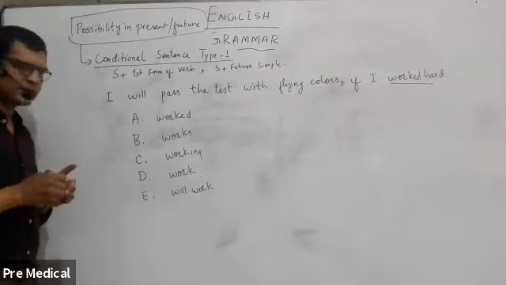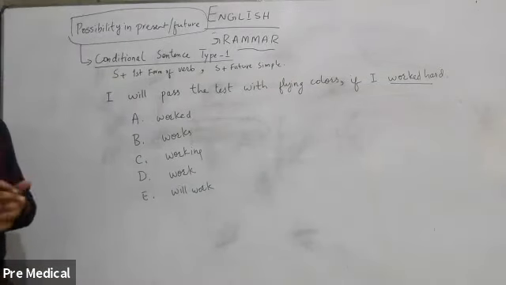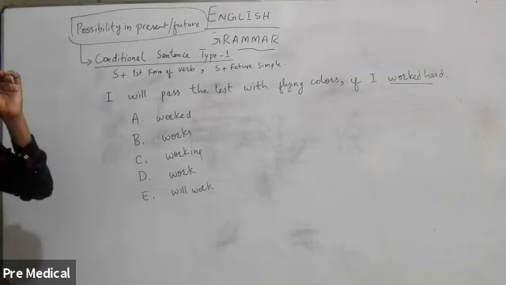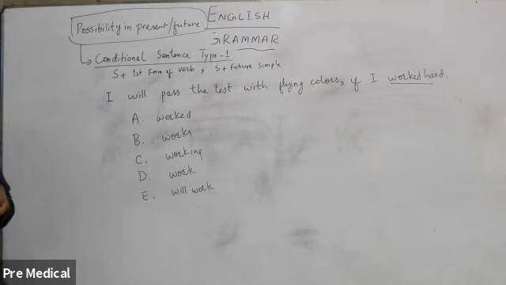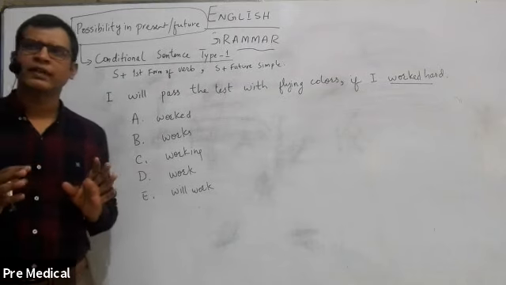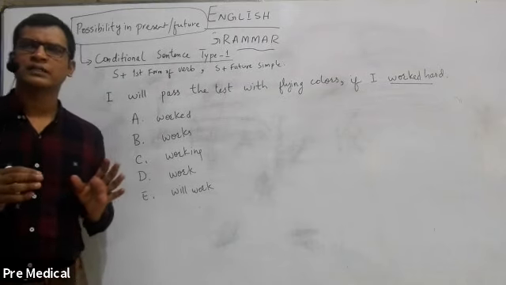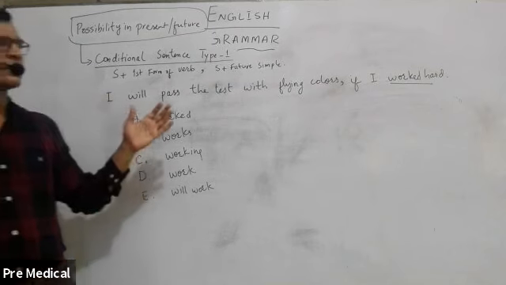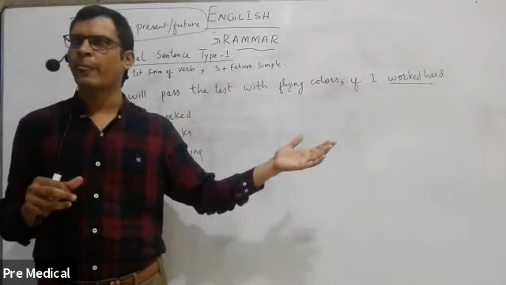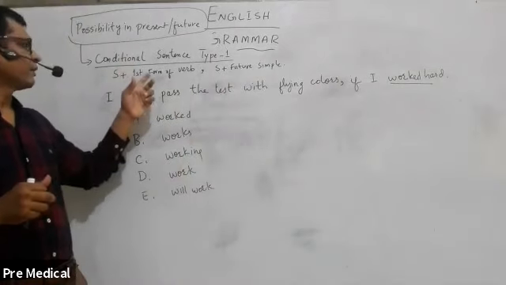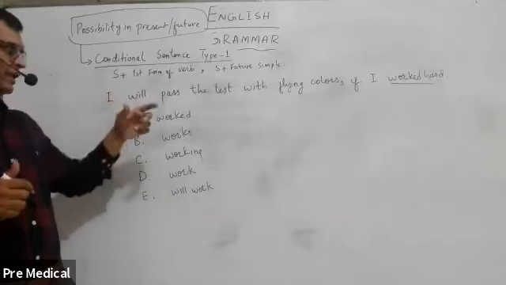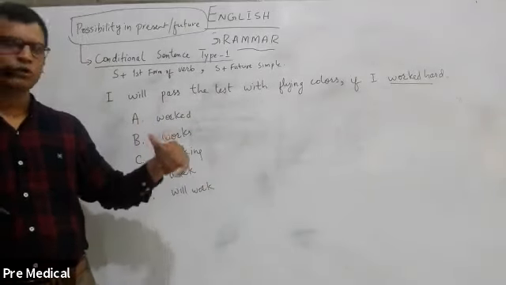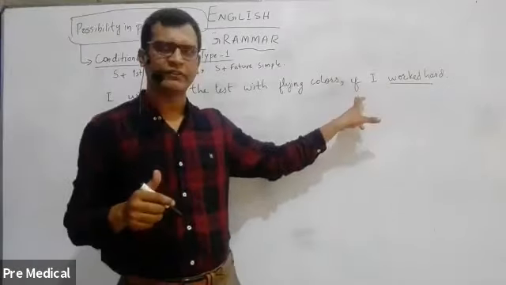Now, if the sentence is about present simple, which is like conditional sentence type 1, we need to see what kind of structure it should have. Very quickly, you need to realize that if one part has future simple, the other part should have present simple. And like I said, this sentence can also come in a way where we start with if.